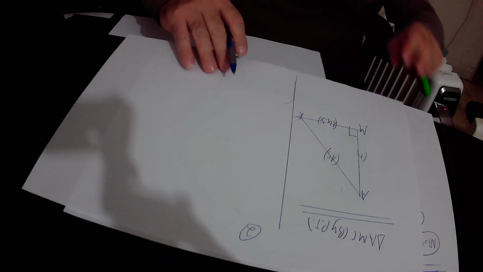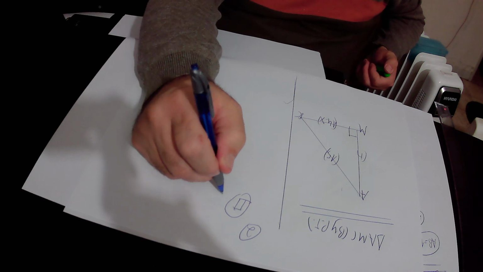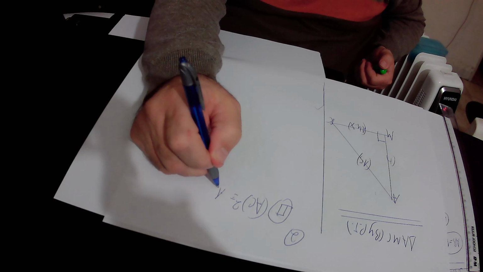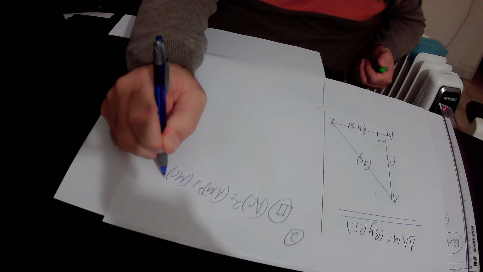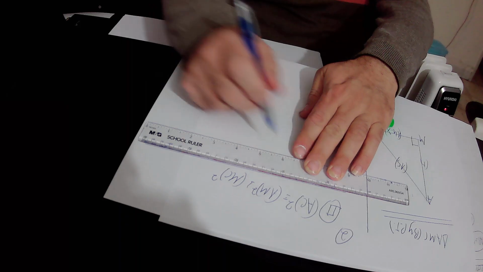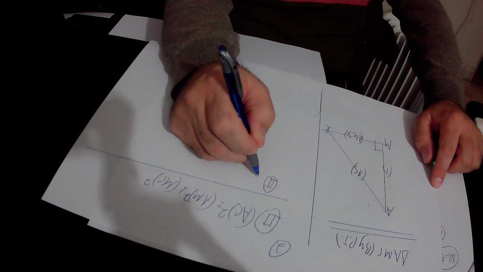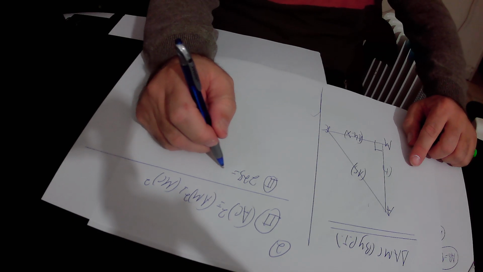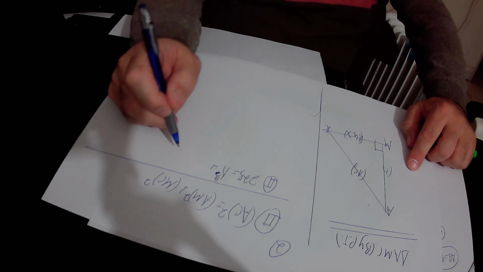So according to the Pythagoras theorem, in the right triangle AMC, AC squared equals AM squared plus MC squared. AC is 15, therefore AC squared is 15 squared, that is 225, and it is equal to AM squared. AM is H, therefore AM squared is H squared, plus MC squared.